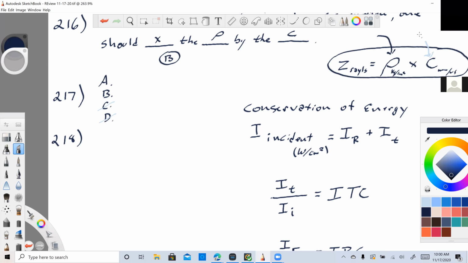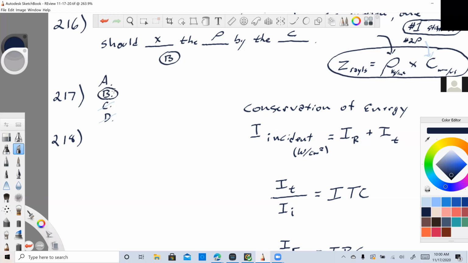The number one determining factor of the speed of sound is stiffness, and number two is density. So if we look at B, density and stiffness.